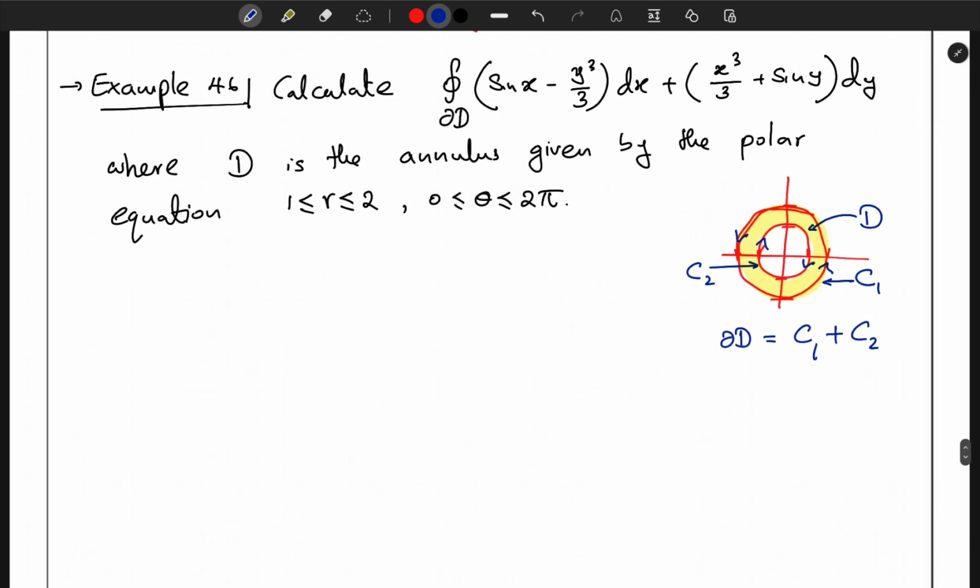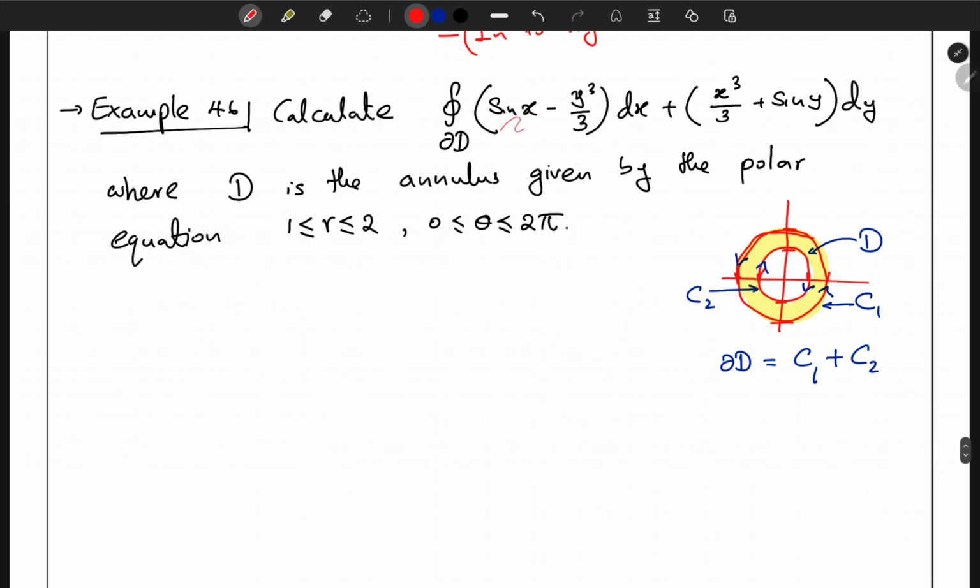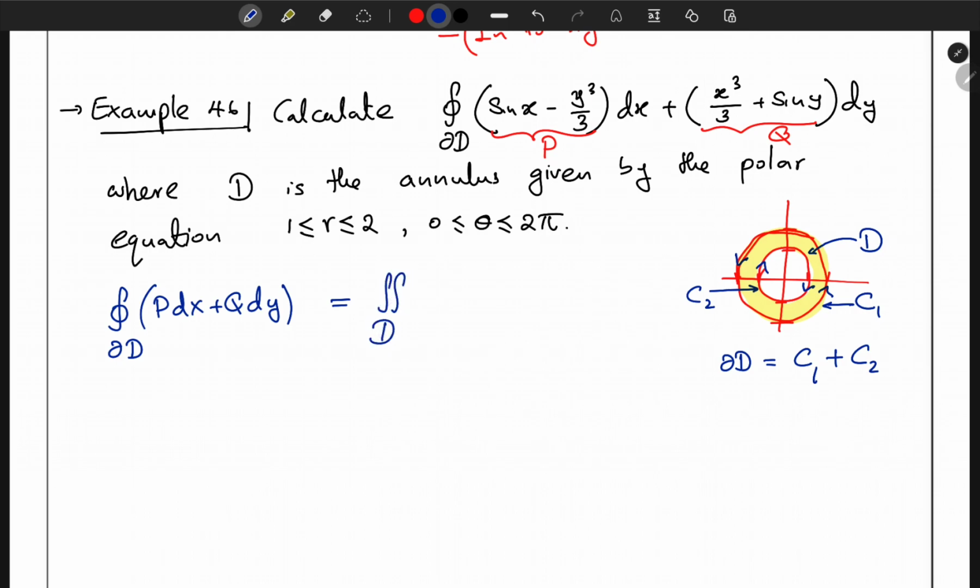Okay, so we are asked to find this integral. Let me rename this as P, this Q. So we are asked to find the circulation. By the modified version of Green's theorem, this is the double integral over the region D, Q sub x minus P sub y.